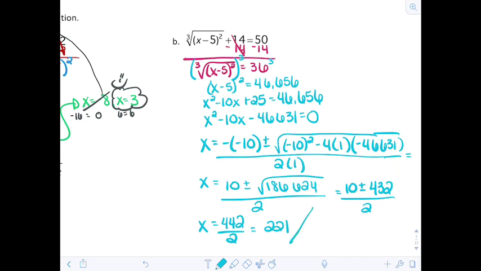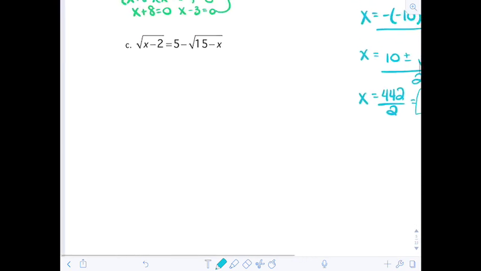And 10 minus 432, whoops, sorry, that's going to give me a negative 422 divided by 2, which is a negative 211. And those actually do work. So believe it or not, we do end up with a couple of integers. Whew, that was a big one.